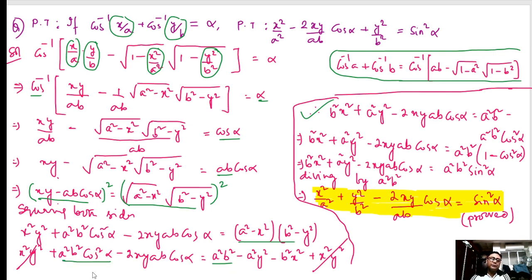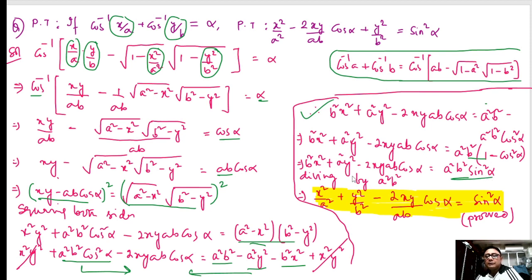So if I shift this to this side, okay, see it has become this. Now taking a square b square, the others will be shifted onto this side, and this will be shifted onto this side. So taking a square b square common, we get 1 minus cos square alpha, which is sine square alpha.